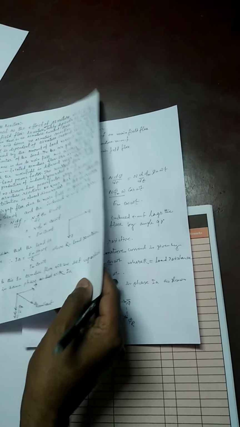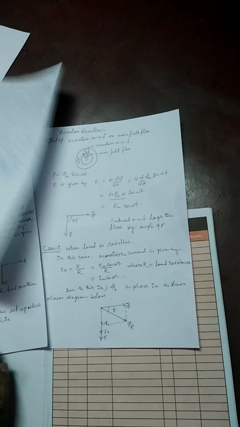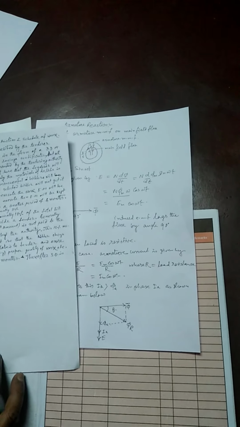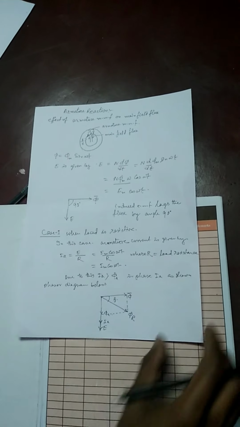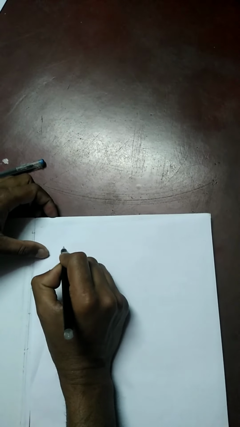In the pole tips, the distribution of flux becomes non-uniform.